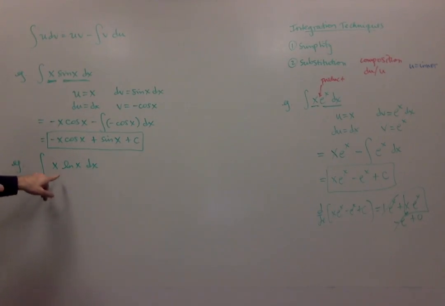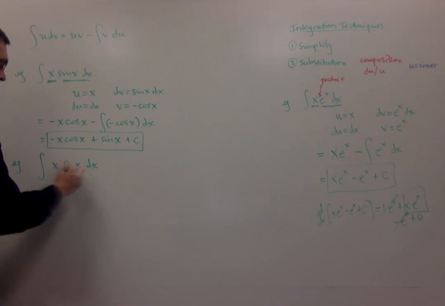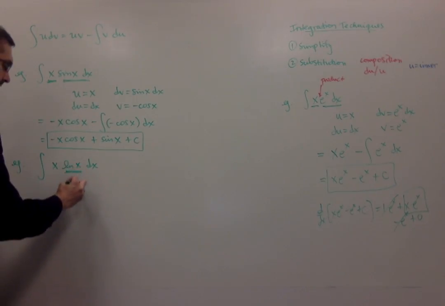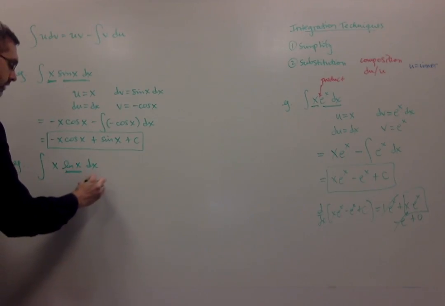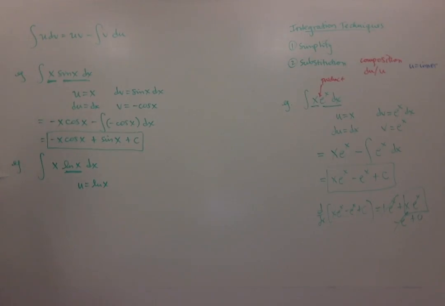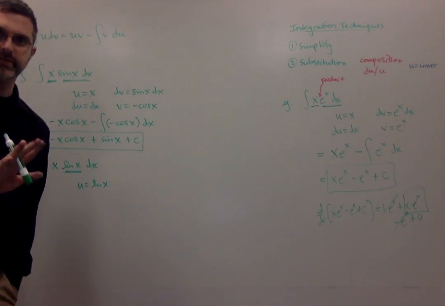Okay, so I've got this product, x times natural log x, inside the integral. What do I do? Well, what I'm going to do is let this be my u. I'm going to let u be the natural log of x. And again, I'm not going to explain why yet.